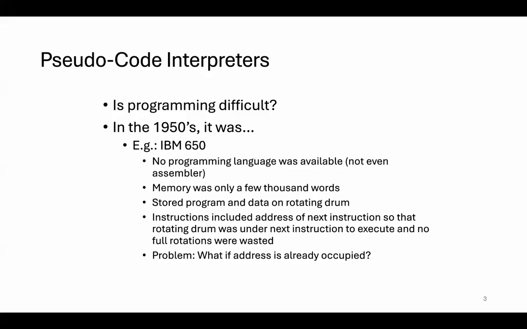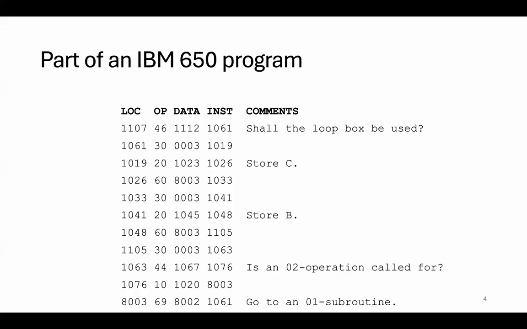So it's not how we program nowadays, where you just go ahead and write down the program without having to think too much about the details of the hardware itself and how the hardware is organized. So it's much different than nowadays.